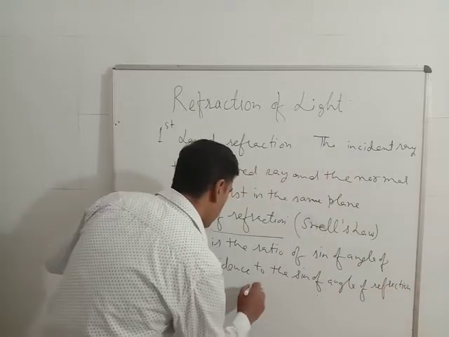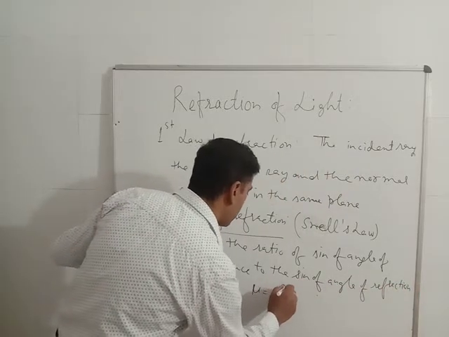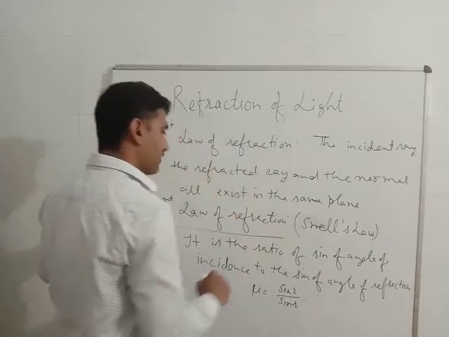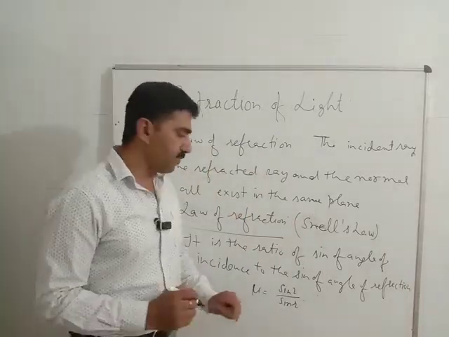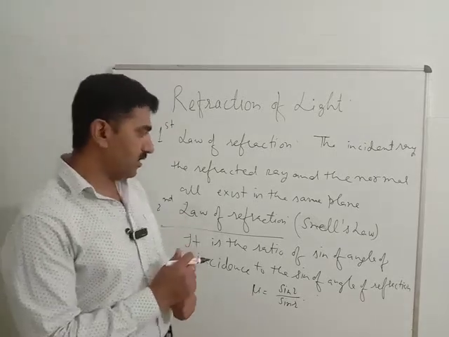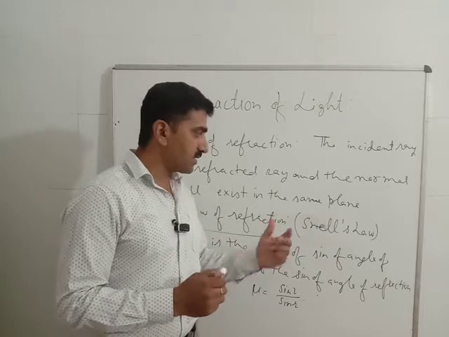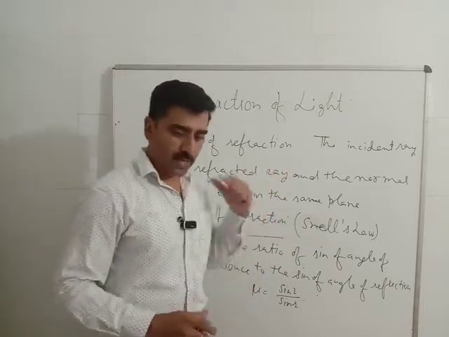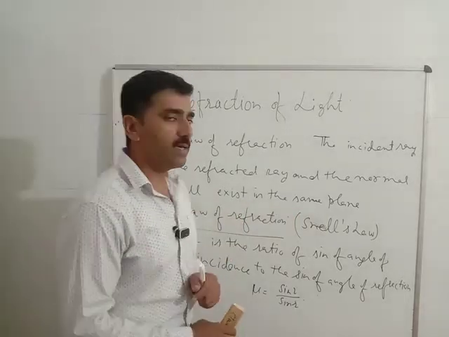So mu, we call it a refractive index, is equal to sin i upon sin r. Refractive index is represented by mu is equal to sin i upon sin r. So these are the two laws of refraction. We call second law as Snell's law. First law is same as that of law of reflection. So any one of the laws or both laws can come in your exam.